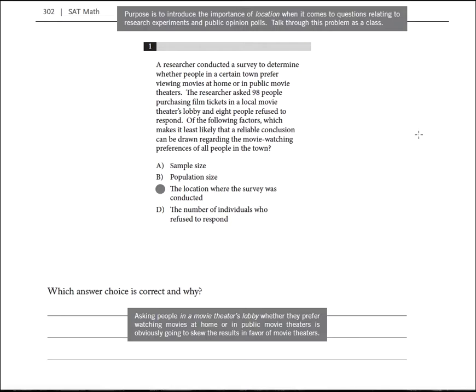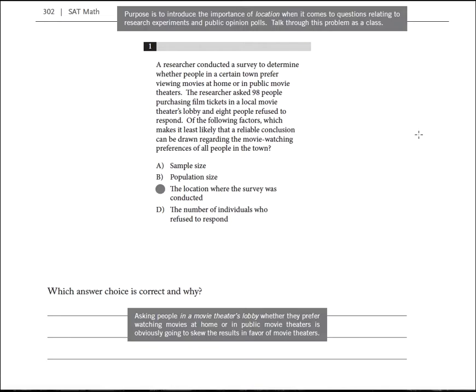So let me ask you guys a question before we get to the answer here. Is this truly random? No, why not? You're right, because we're doing it in a movie theater's lobby, right? If I ask people in a movie theater lobby whether they prefer watching movies at home or at movie theaters, why might that not be a great idea to try to uncover people's movie watching preferences?